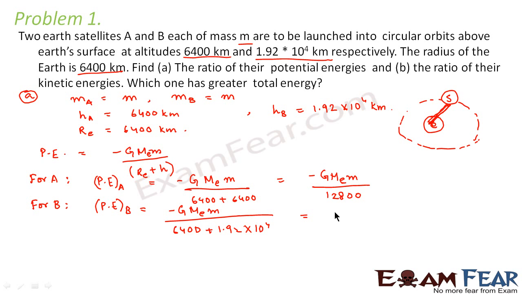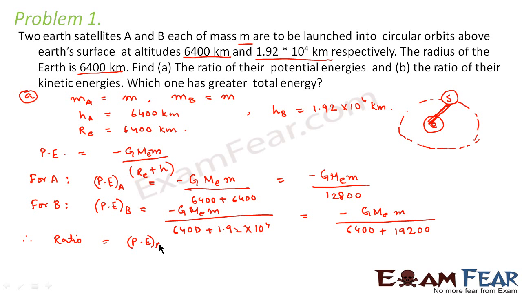So this comes out to be minus G ME m divided by 6400 plus 19200.